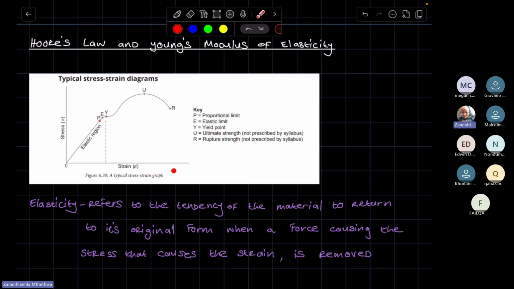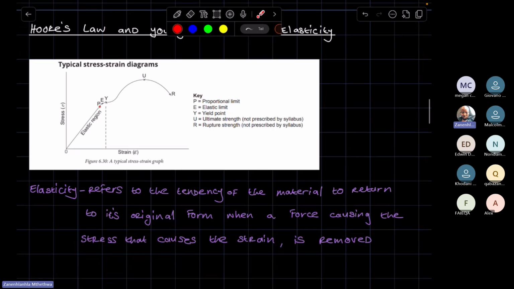Now, in N4 we only deal with the part of the graph where Hooke's law is satisfied.